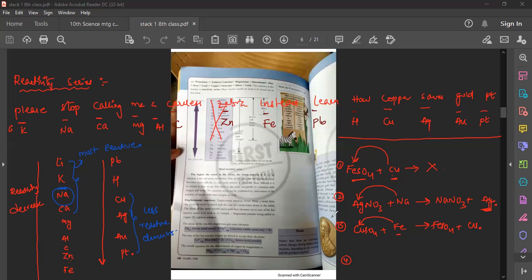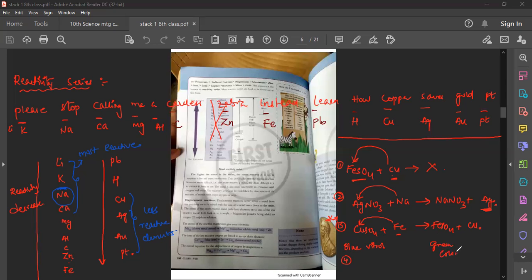Now one more important point will come from this. Do you know blue vitriol? The color of copper sulfate, CuSO4, is blue. That is blue vitriol. So FeSO4 is a green color.